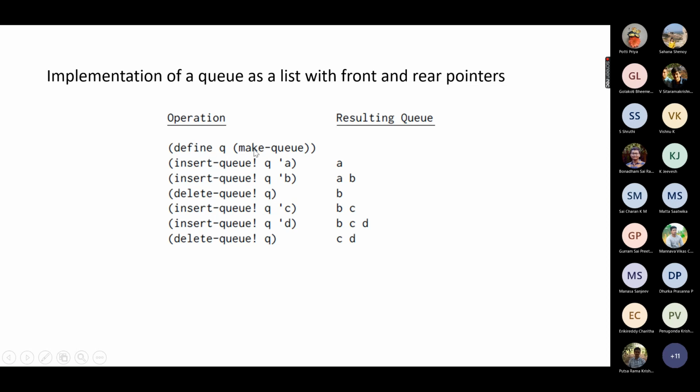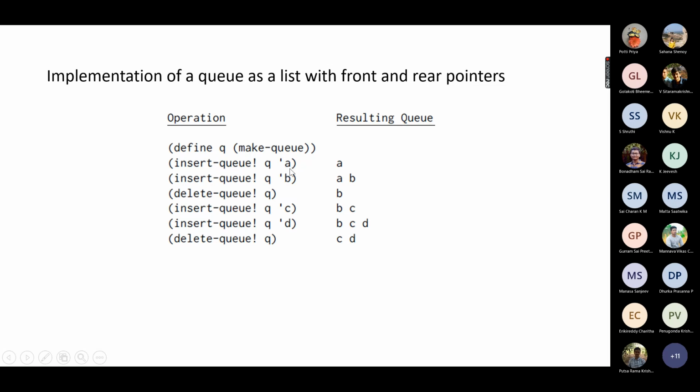Make queue is a function which makes a queue that is empty. So how to make an empty queue? Initially, how will an empty queue look? Is there any node? And how many fields? We have only two fields, car and cdr. And what is the content of the empty queue? Both are null, right?